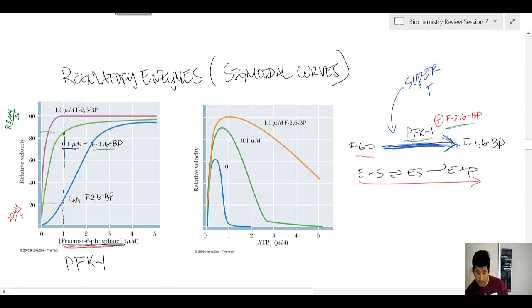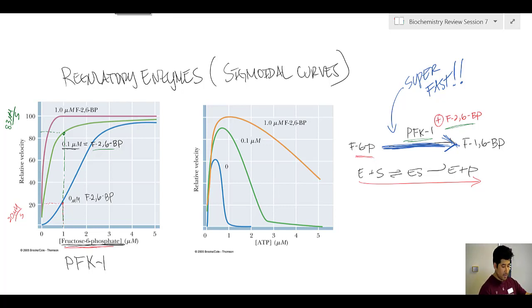So the blue line represents when it's just the enzyme and the substrate. There's nothing in the mixture. But as soon as we add just a little bit of this fructose 2,6-bisphosphate, what has happened to the catalytic activity, the performance of this enzyme? It has increased. Okay, so that's one thing that I want you to note.